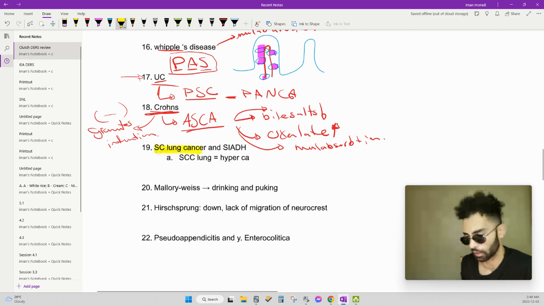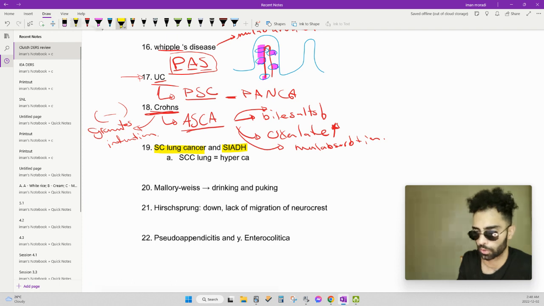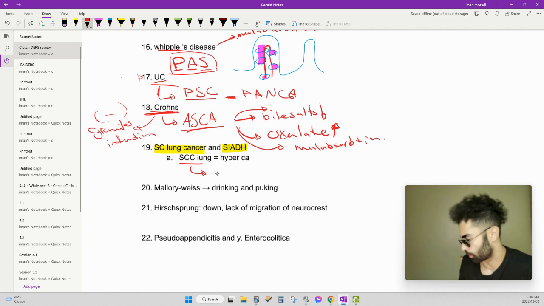Let's remember that small cell lung cancer will produce ADH, and squamous cell will lead to hypercalcemia. Squamous cell produces a PTH-like peptide.